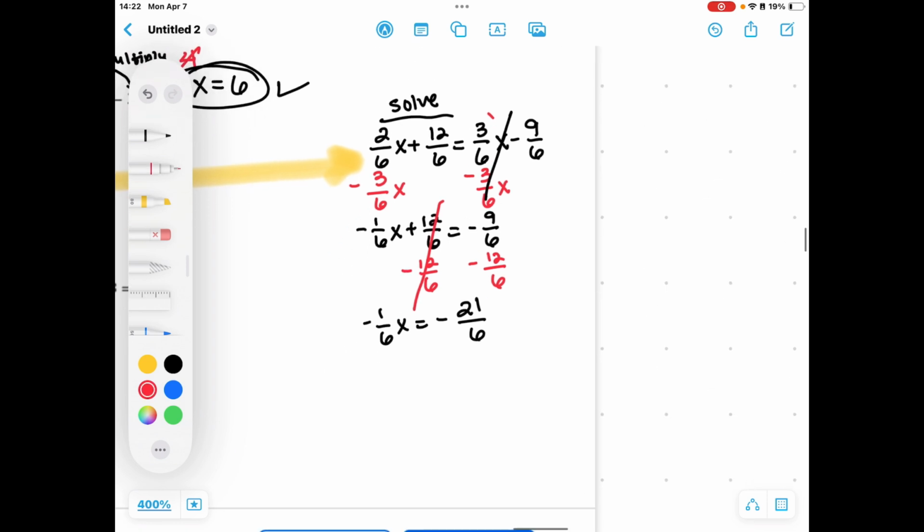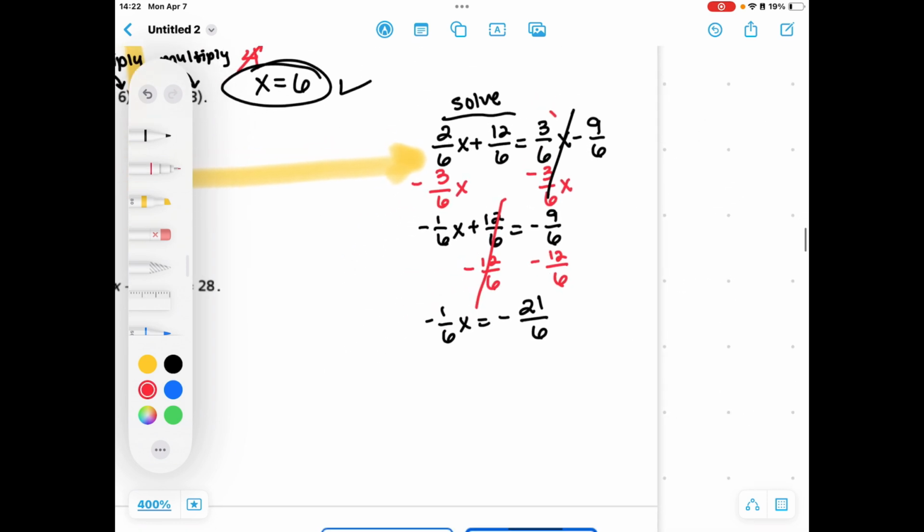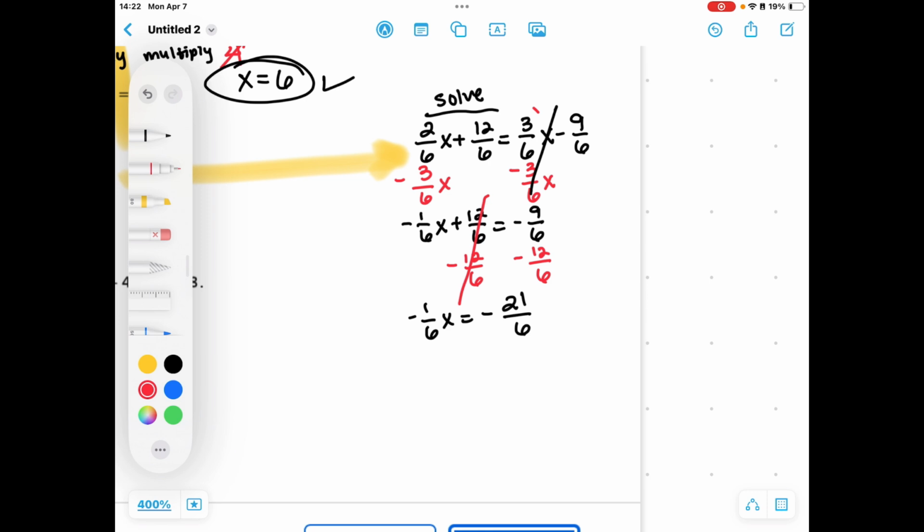Now, in order to solve, if we have a fraction, there is one important rule here. We need to multiply by the reciprocal.